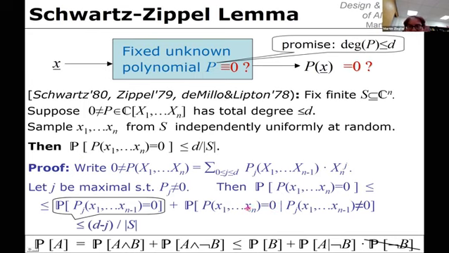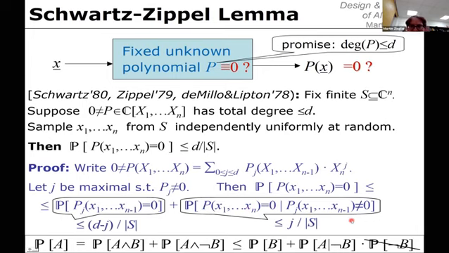The probability for it to evaluate to 0 is at most j divided by the size of the sample set, univariate case. So adding these two probabilities gives exactly the claim, right? d minus j divided by the sample set size plus j divided by the sample set size is d divided by the sample set size. And that concludes the induction step of our proof of the Schwartz-Zippel Lemma.